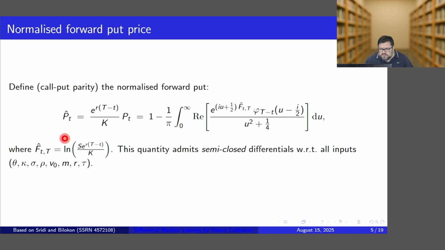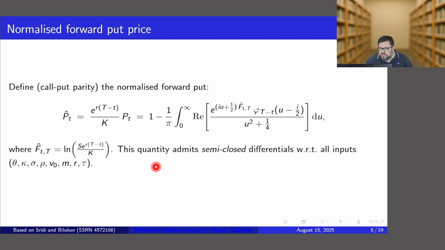So now, let's look at the normalized forward put price. For calibration and learning, we use this normalized forward put price to keep labels numerically stable across moneyness and maturities. It is defined by the call-put parity and the integral over the characteristic function. There are two practical points here.